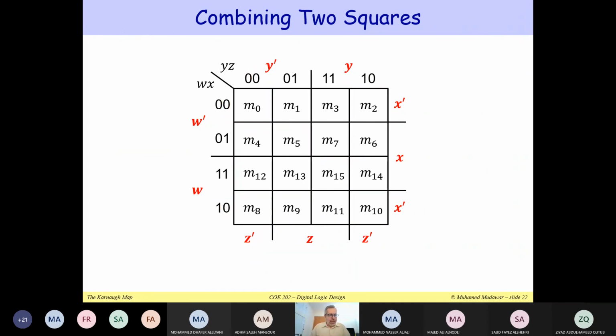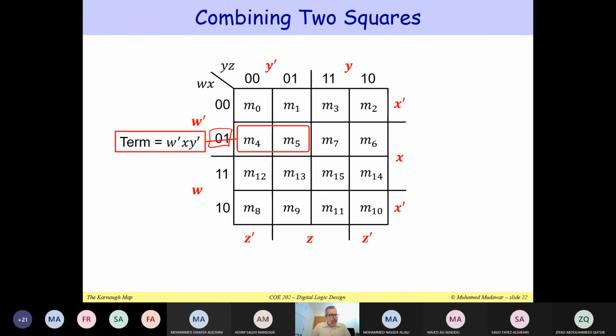Let's combine 2 adjacent squares. How about these 2? W prime, X, and Y prime. Exactly. So we have W equal to 0, so that's W prime.